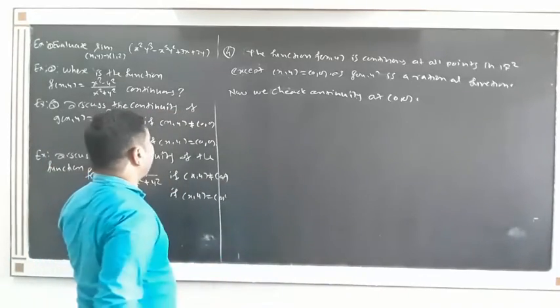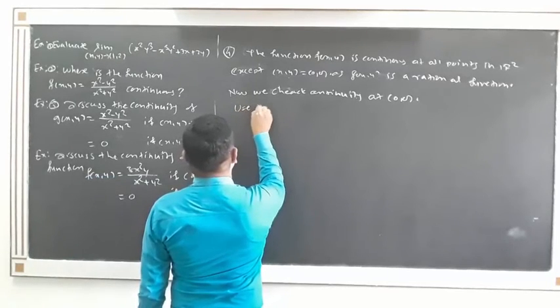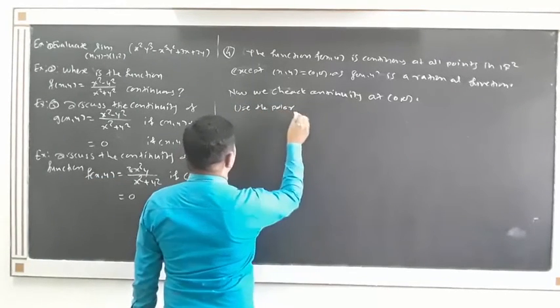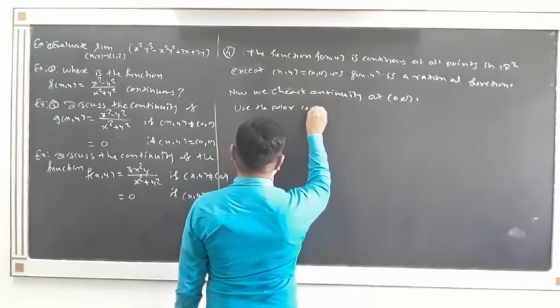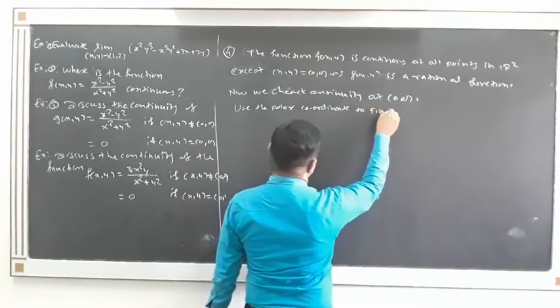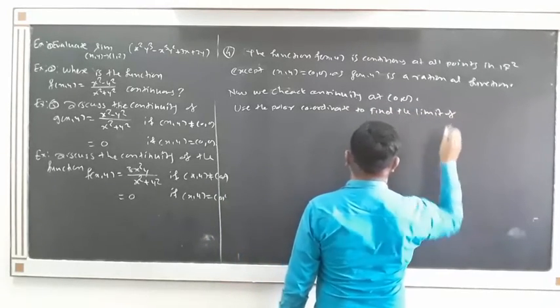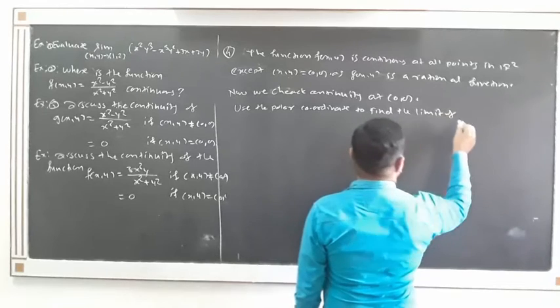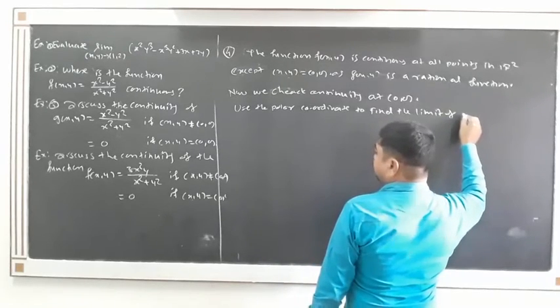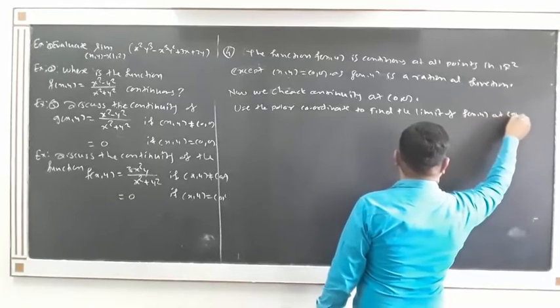So we use polar coordinates to find the limit of f of xy at 0, 0.